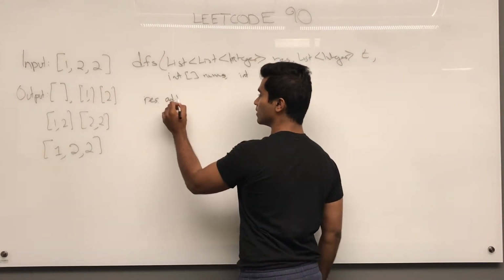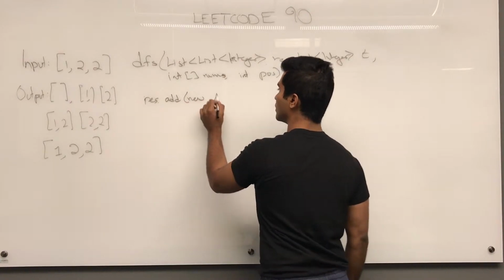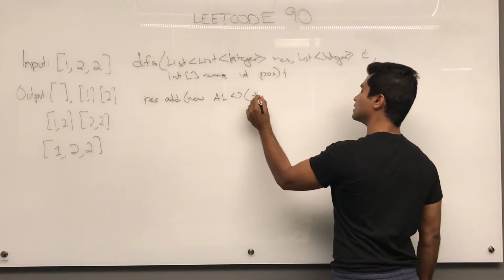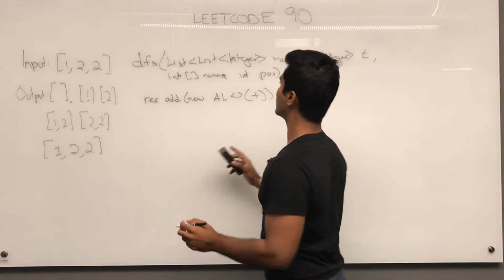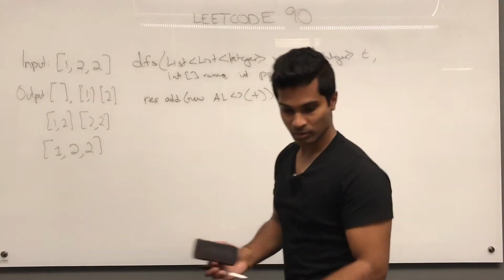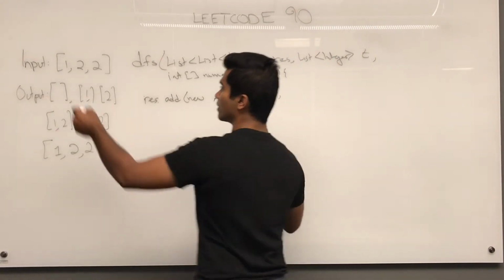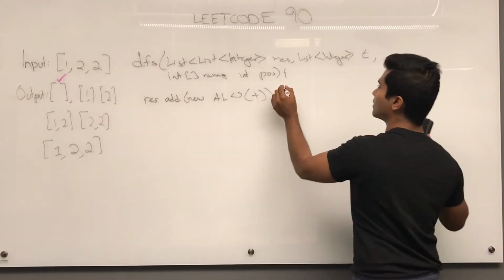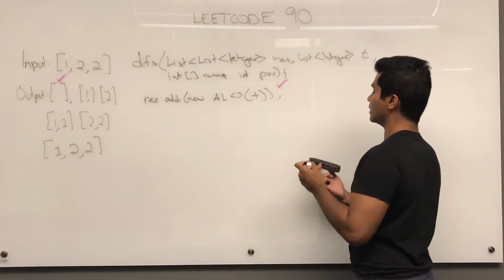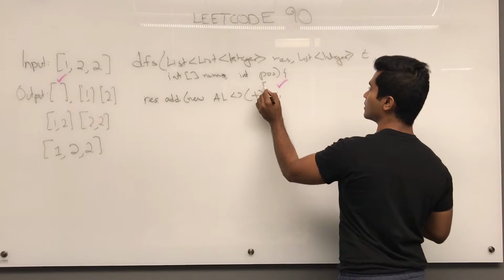So add new array list t for temp. So the first one, when you pass in, it's empty. So it's going to be, I'll use a different colored marker, null set. Because when it's first passed in, it's empty.